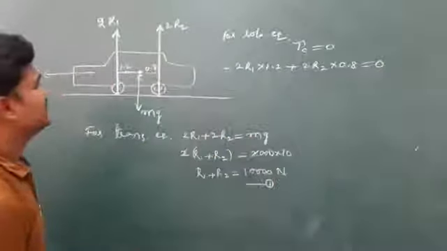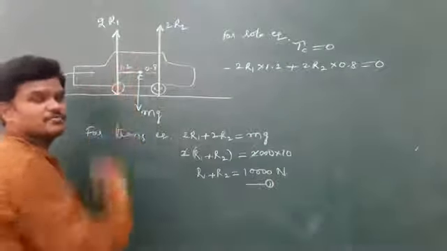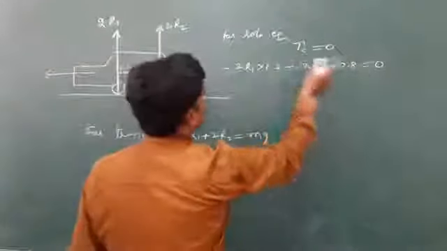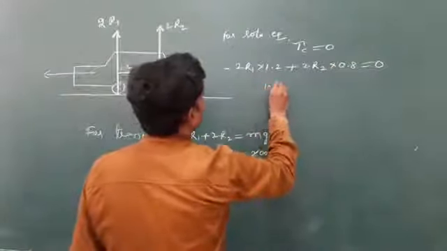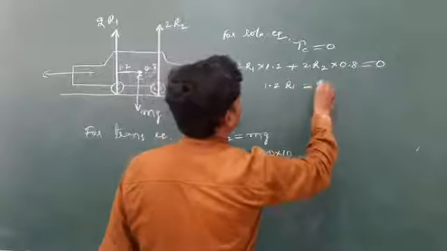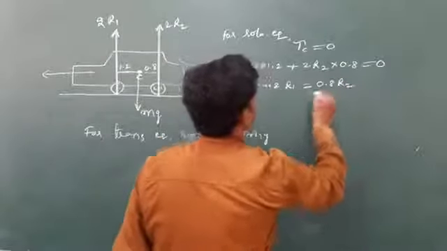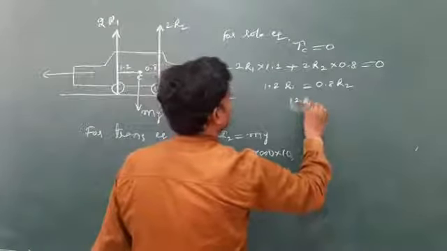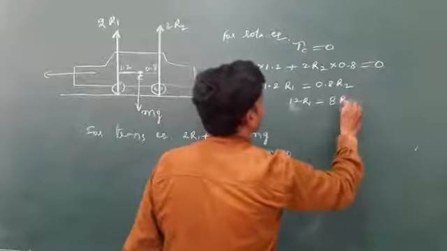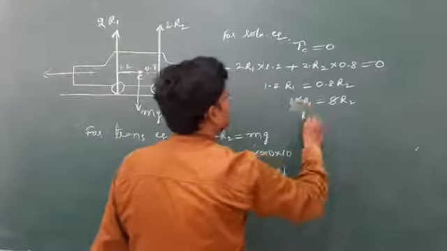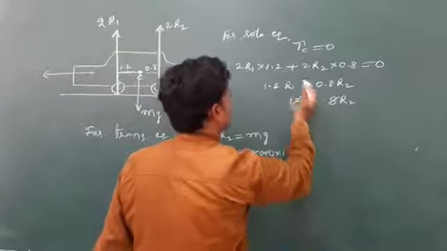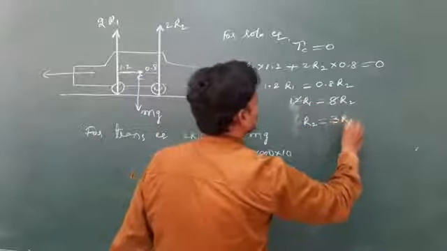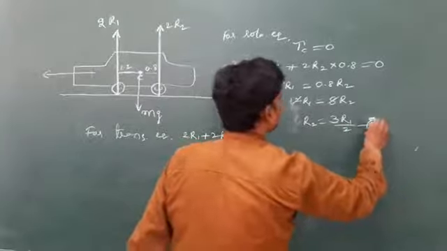Otherwise, you can take clockwise moment of force equal to anticlockwise moment of force. The 2 cancels, so 1.2 R1 equals 0.8 R2. So 12 R1 equals 8 R2, otherwise you can write R2 equals 3R1 by 2.